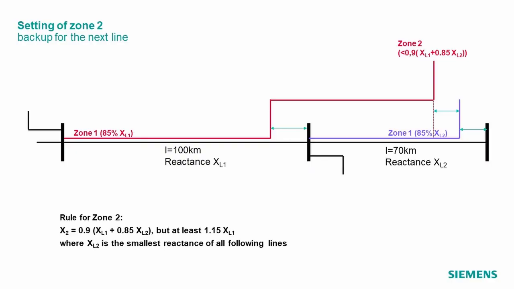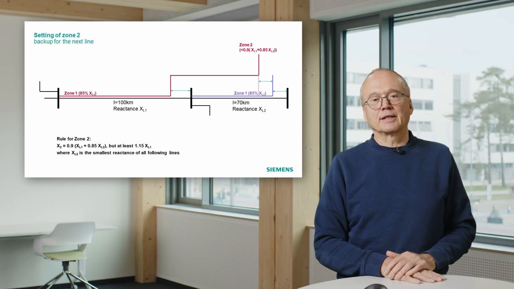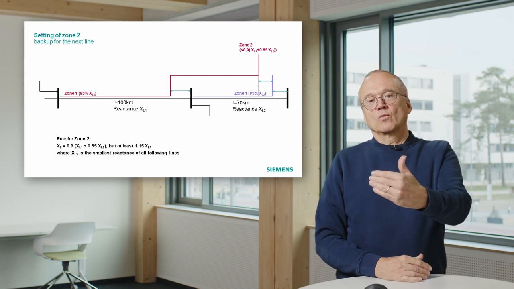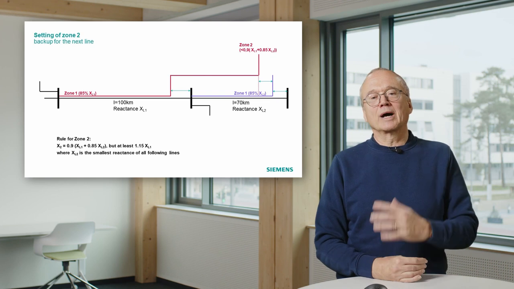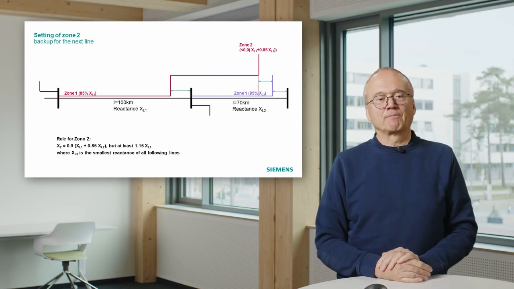That means the rule for zone 2 is, as indicated here, at least 15% higher than the reactance of the line, and, like indicated in that equation, it must keep a certain distance from the end of zone 1 of the next line.